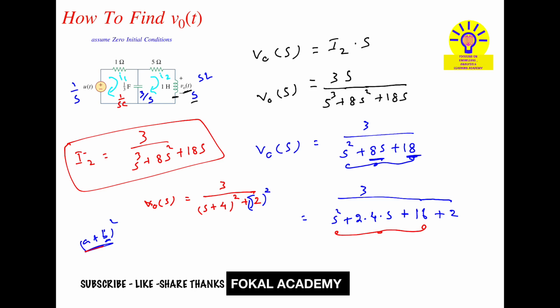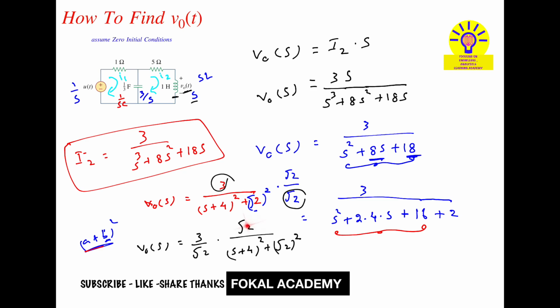With this term multiply and divide by root 2 by root 2. Now it can be written as V0 of s equal to 3 by root 2 outside, then root 2 by s plus 4 whole square plus root 2 whole square.